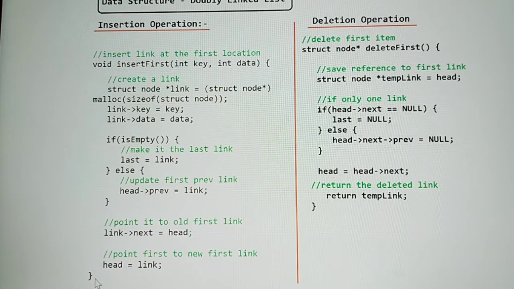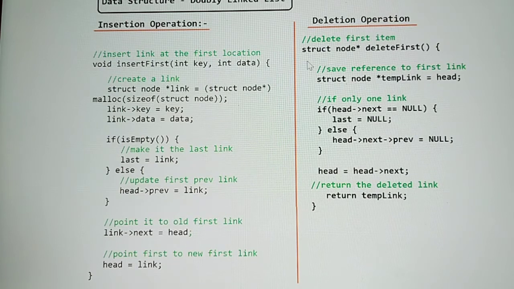So now I will discuss the deletion operation of a doubly linked list. It is quite easy compared to the insertion operation. So you can see that to delete the first item, we want to delete the first element of this linked list. So what will I do? Here it is struct node star delete first.